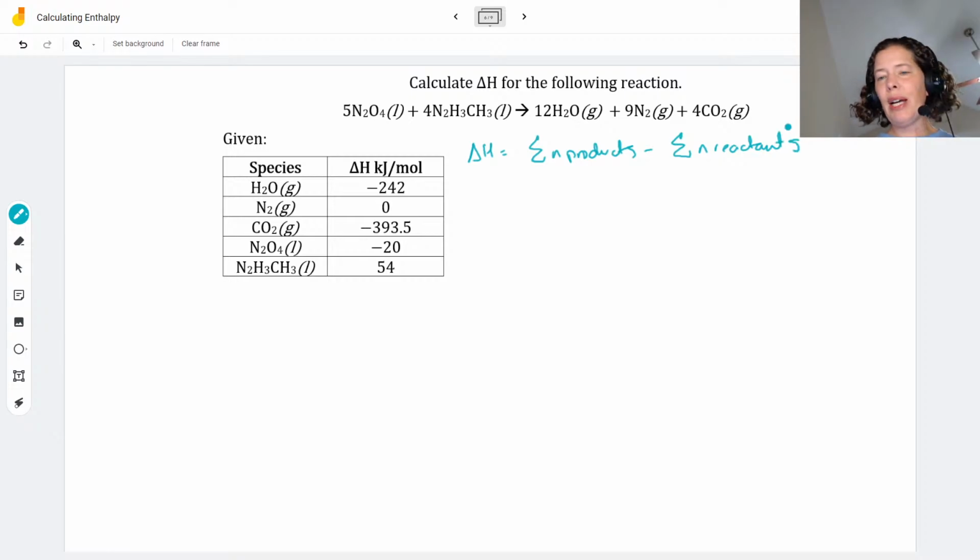And that will give me my delta H. So again, big brackets here. Let's do products first. All right, so we're starting with water, and there are 12 of them, so I want to make sure I remember that multiplier. Here's water right here. Again, it's the same as the other problem, negative 242 kilojoules per mole.